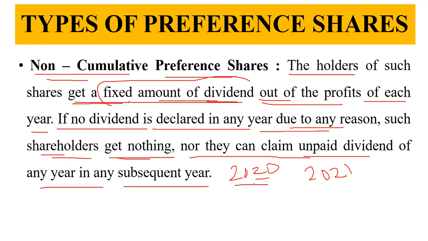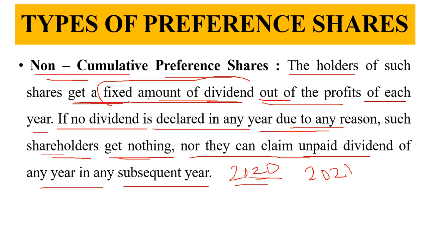In 2020 they did not get any dividend, and in 2021 the company declares the dividend. So these shareholders cannot claim the last year's dividend. They get a fixed amount of dividend out of the profit of each year.